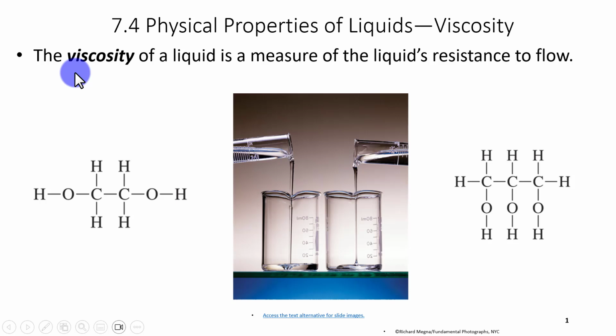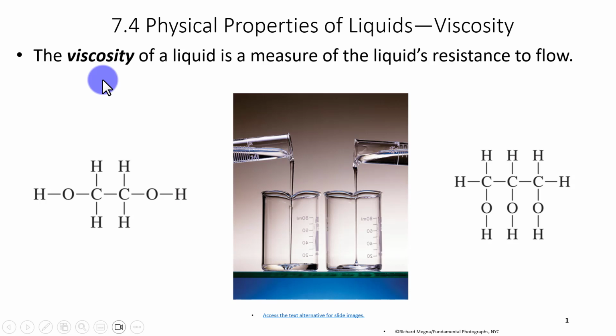The higher the intermolecular forces are going to be, the higher the viscosity. Think of it as kind of a Velcro, right? If those molecules are really attracted to each other, the intermolecular forces are very large. It's going to be like Velcro. They're going to stick to each other. They're not going to want to flow past each other.